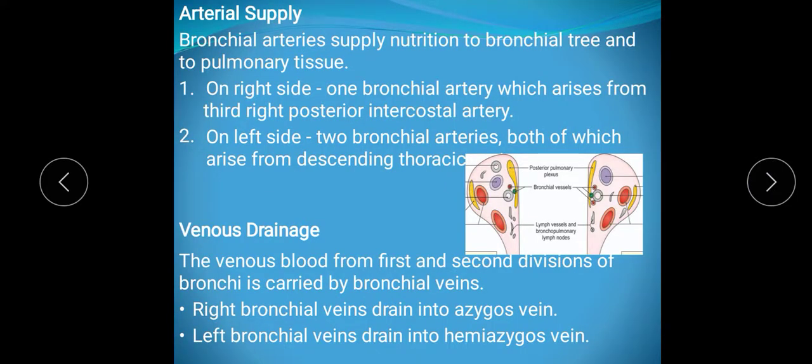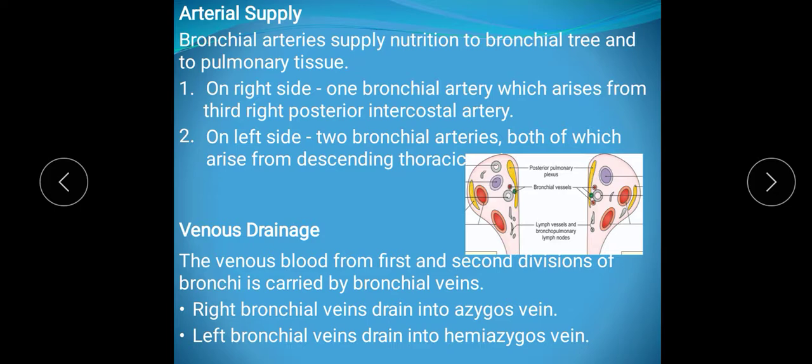And the arterial supply. Bronchial arteries supply nutrition to the bronchial tree and the pulmonary tissue. On the right side, there is one bronchial artery, which arises from the right third posterior intercostal artery.